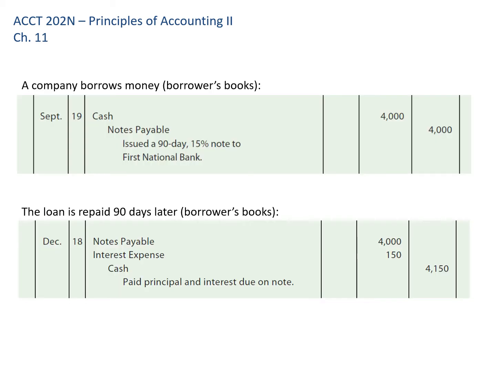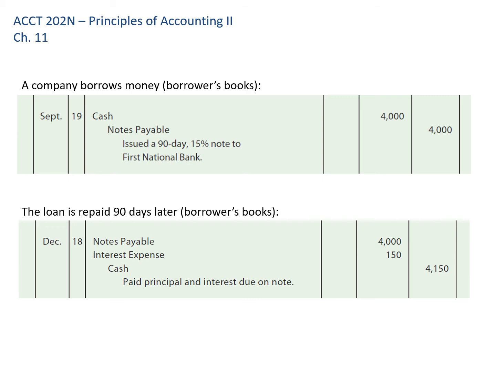A couple simple journal entries here. When a company borrows money, on the borrower's books we'll debit cash, because we're receiving cash, and we'll credit notes payable. That's for a 90-day 15% note to First National Bank. When we repay the loan 90 days later, we'll debit notes payable to take that off the books.